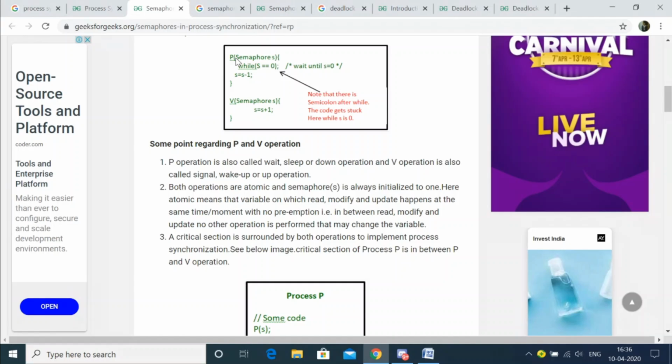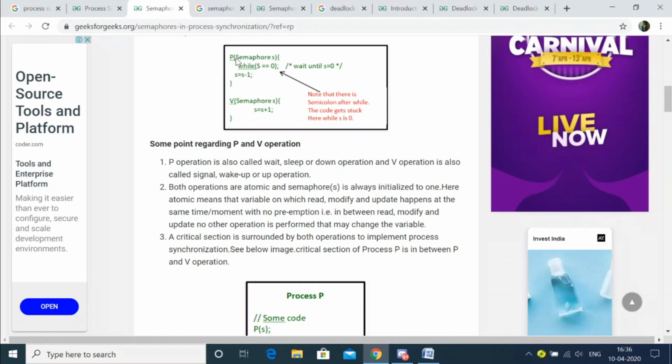Then the fourth time, once P1 has finished execution, it has come out, it has given the signal V also, that means it has released the critical section area. And so this semaphore value will be updated. So again, after some time, when P2 does a lookup, it will see, okay, semaphore is 1, that means now I can go to the critical section. Okay, so that is how binary semaphore works.